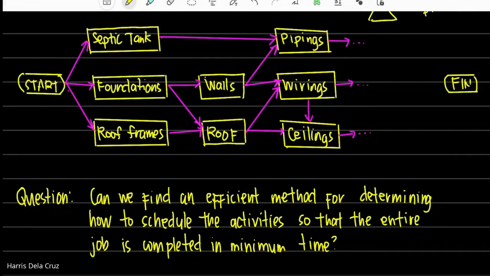Yan. Pag mag-set up ka ng computer, so yung idea ng critical path problem is on project management. Paano mo i-manage properly yung schedule? So that, by that schedule, you complete the whole project in the minimum time, in the least possible time. Okay? So, yun yung idea.